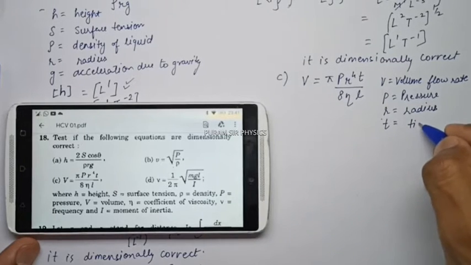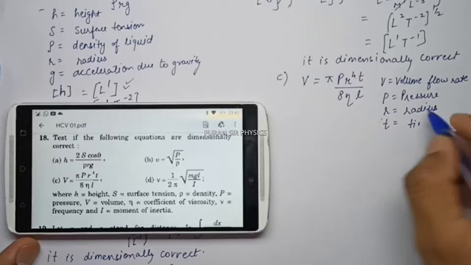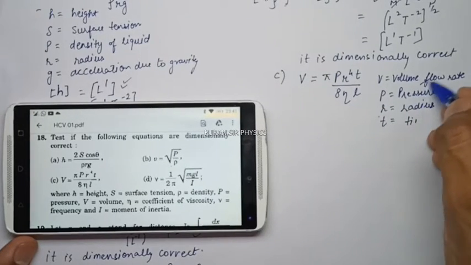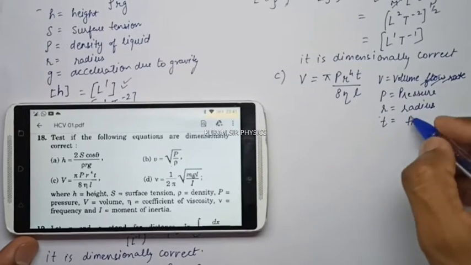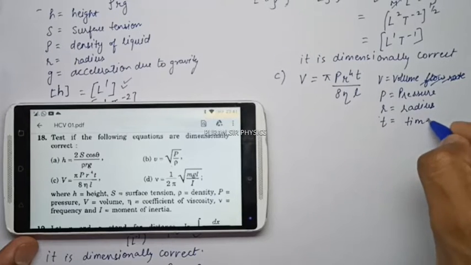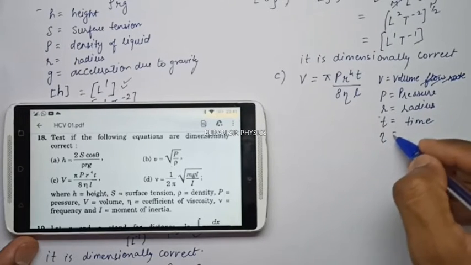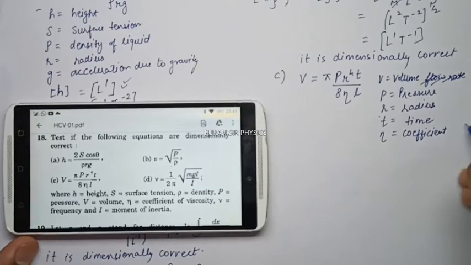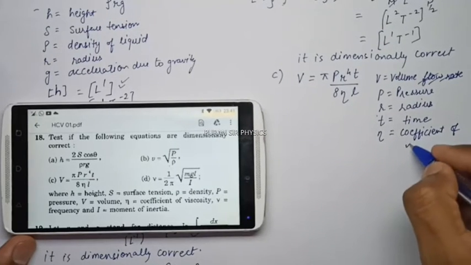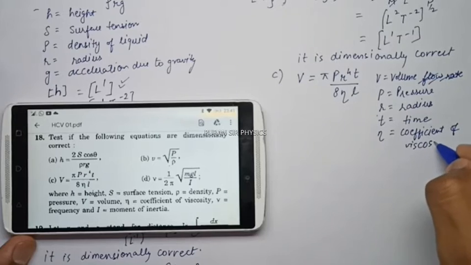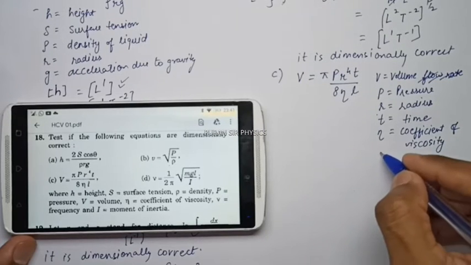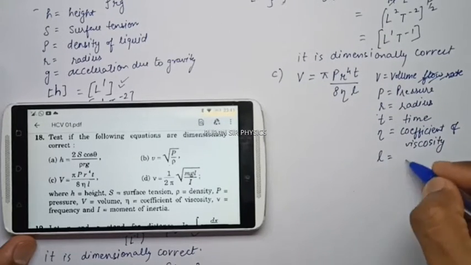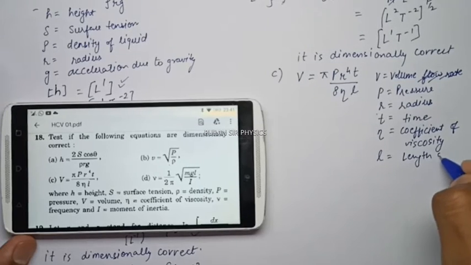Okay, V is volume, and t is your time, and eta is your coefficient of viscosity, and your L is the length of the pipe.